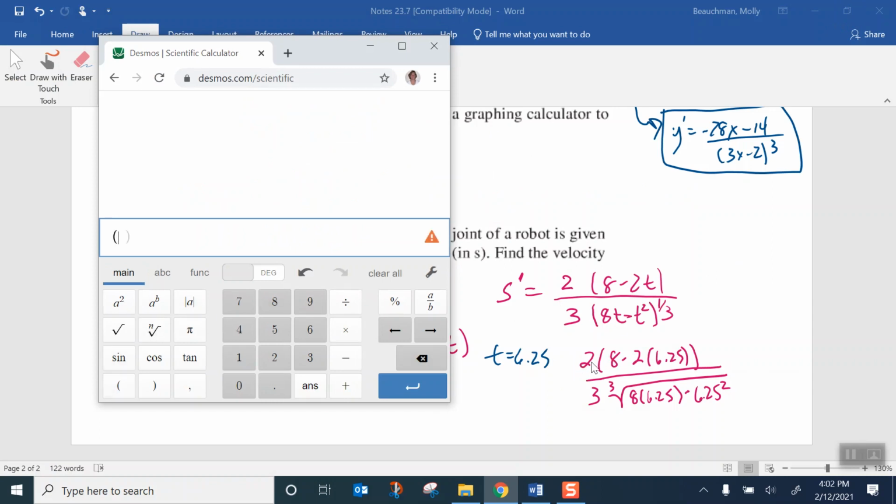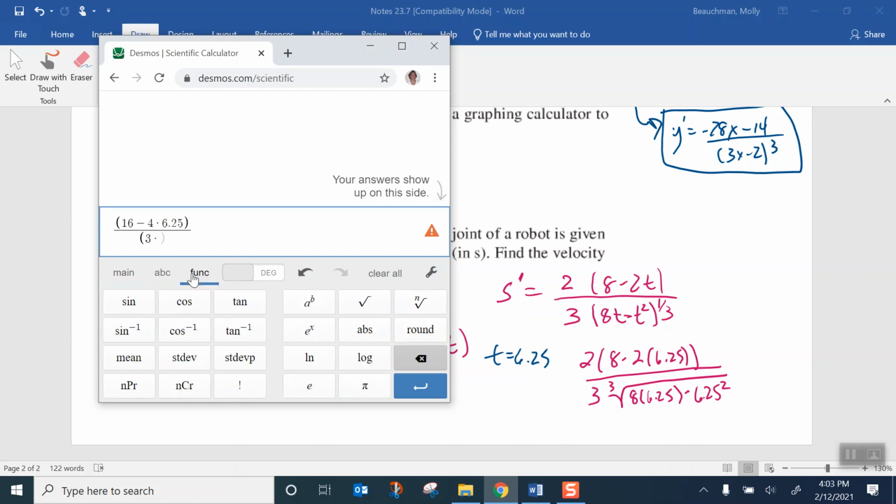I'm going to take this as 2 times 8 is 16 minus 2 times 2 is 4 times 6.25. And then I'll put parentheses around that. That's the numerator if I multiply through by 2, divided by, I'll put parentheses on the bottom. I need 3 times the cube root. So here you can choose whether to take that to the power of 1/3 or do the cube root. It really doesn't matter. So let me see if I can find the cube root function.